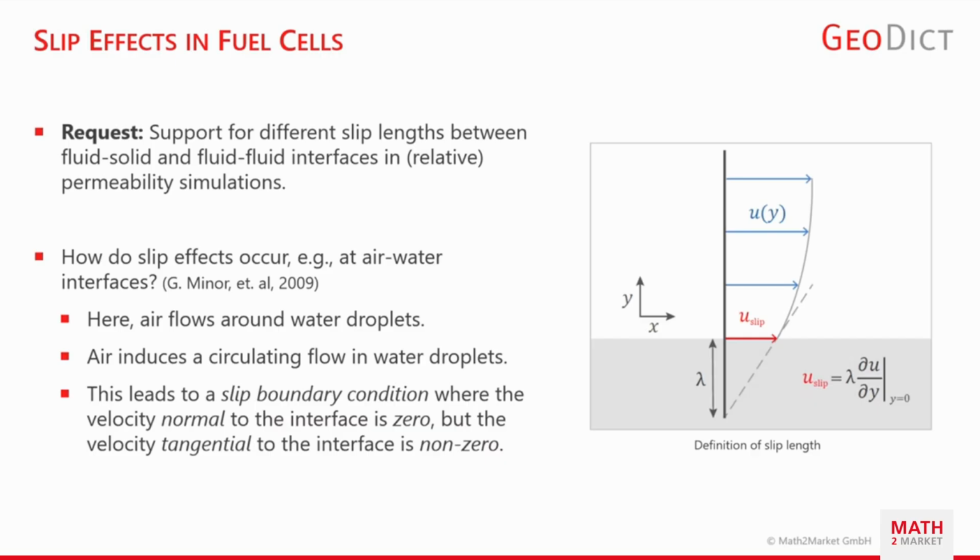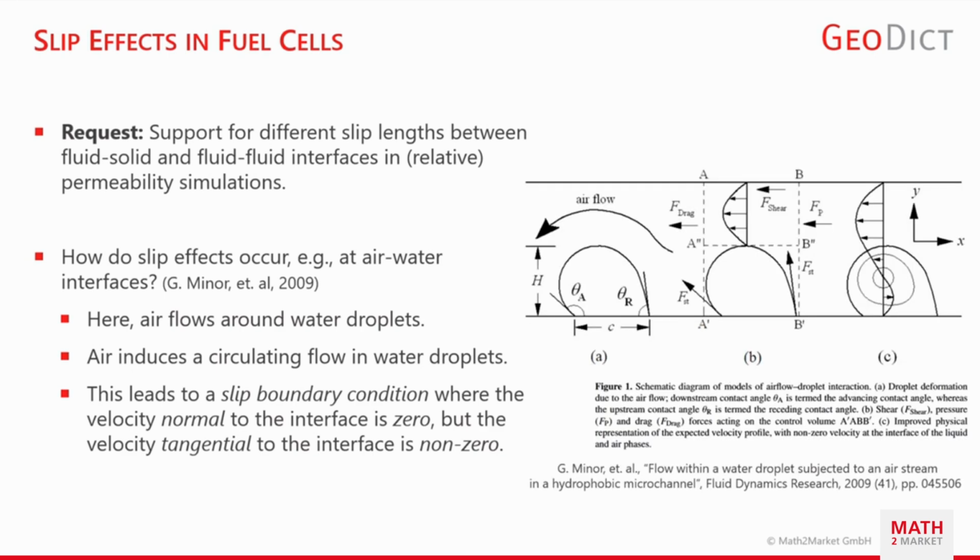Usually, you use this kind of boundary condition if you have, for example, thin gas and small pore sizes. But it seems to be also important in fuel cells. And how can that be? On the right-hand side, you see an image from a paper.